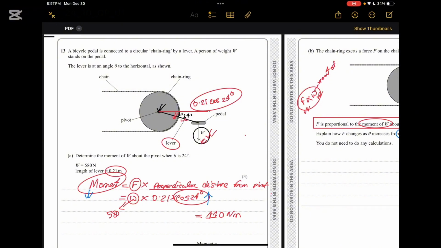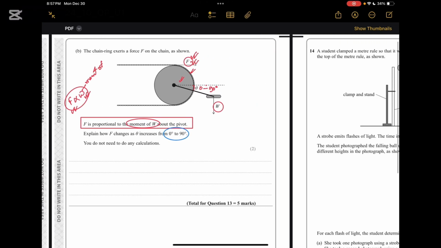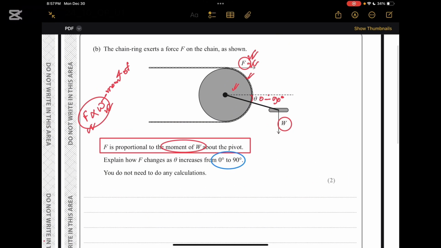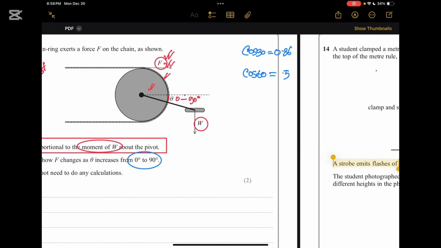So let's go forward and look at that. We know one thing: cos 30, if you calculate it, is 0.86, but cos 60 is equal to 0.5.